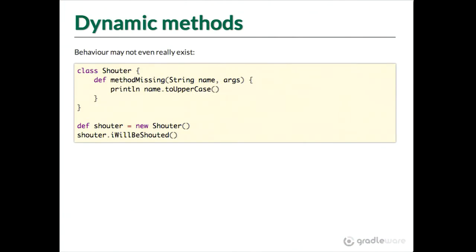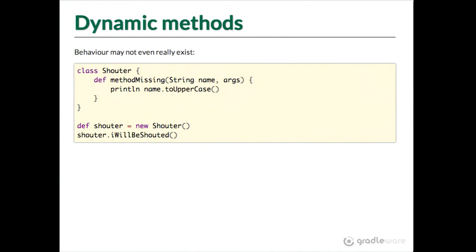Dynamic methods. The behavior that you call might not actually really exist. So this is interesting thinking for dynamic languages. So what I've done here is there's a class called shouter, and instead of putting a method in there that does something, I've created a special method called method missing.